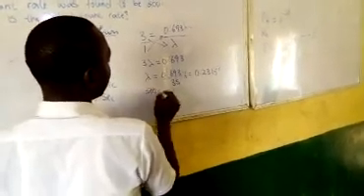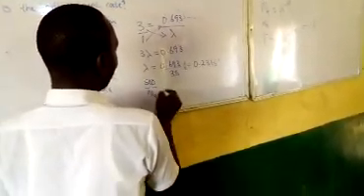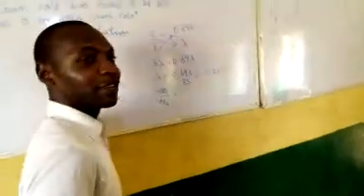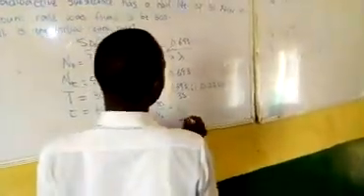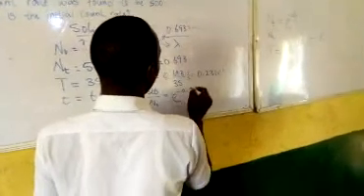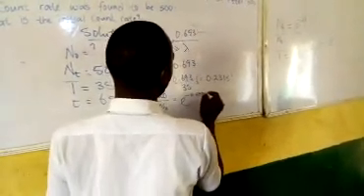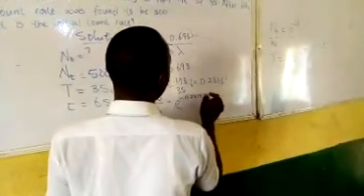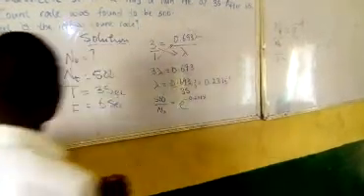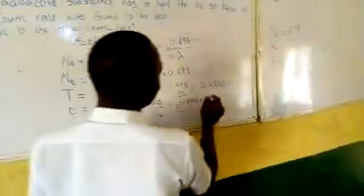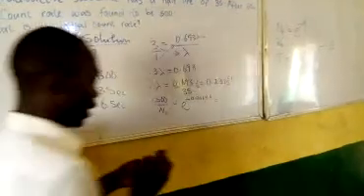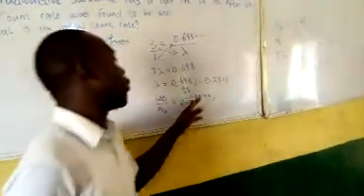And when we substitute, we have 500 all over N naught. I hope you know where I'm going to. Yes. Alright? Equals exponential minus 0.231 multiplied by the time given, which is what? 6. Isn't it? And when you do it well, what will you have here?